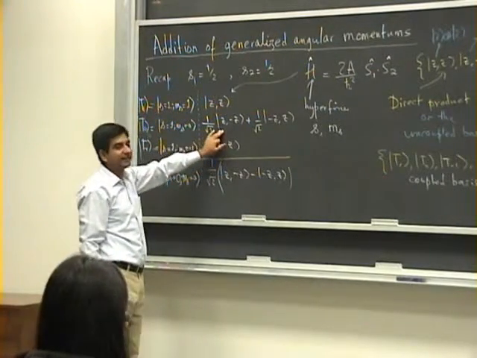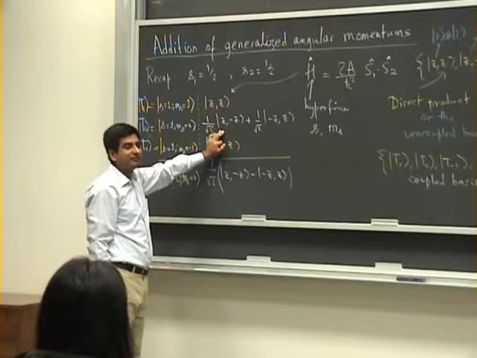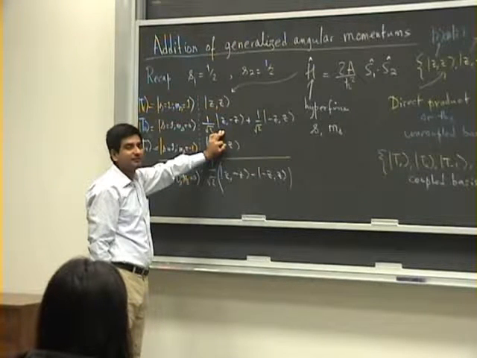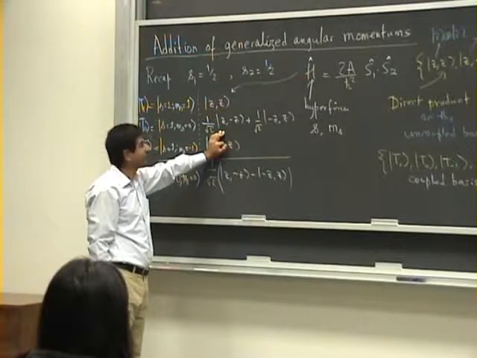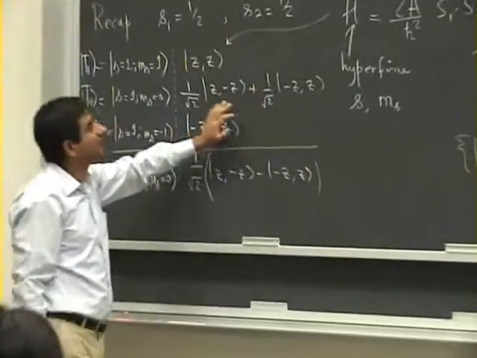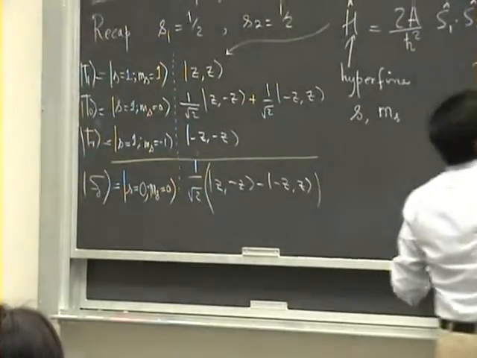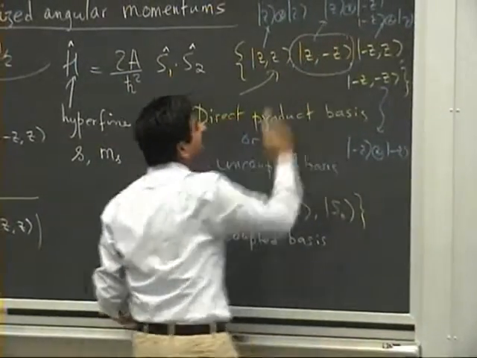What about this state: is it an eigenstate of S squared? Yes, this state is also an eigenstate of S squared. But what about this state on its own? Let's see.